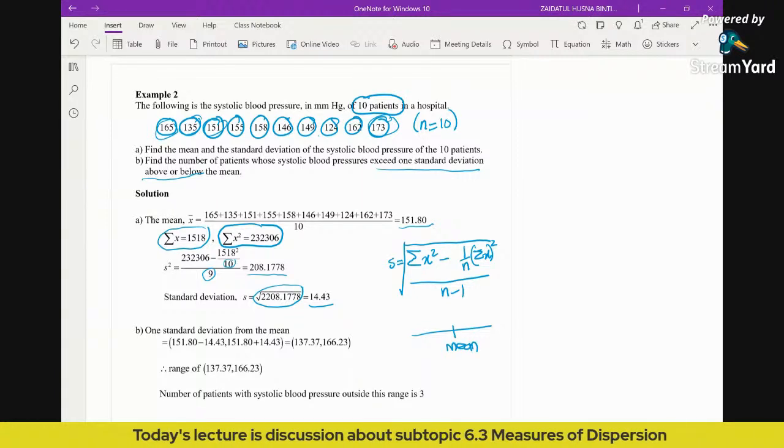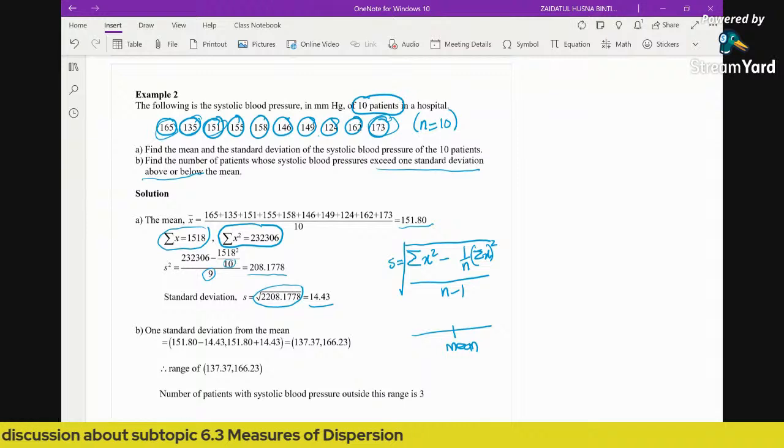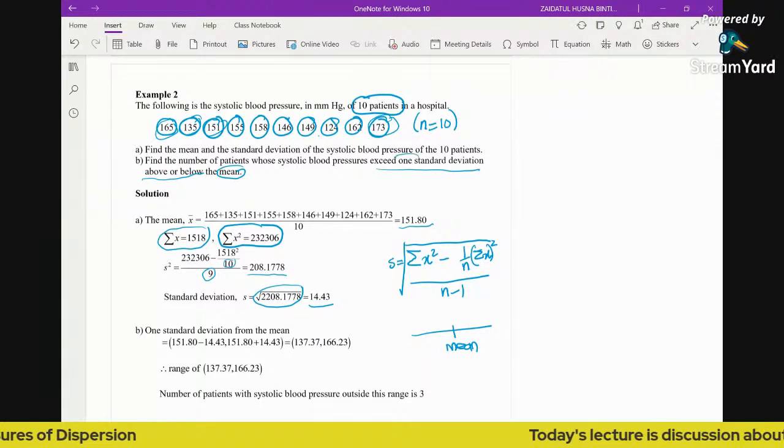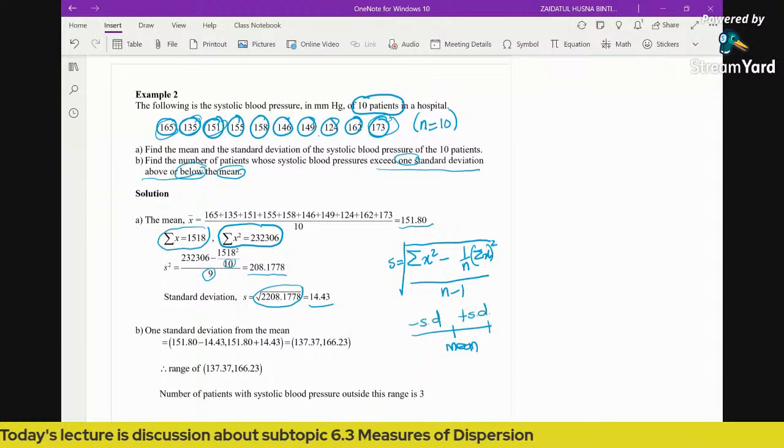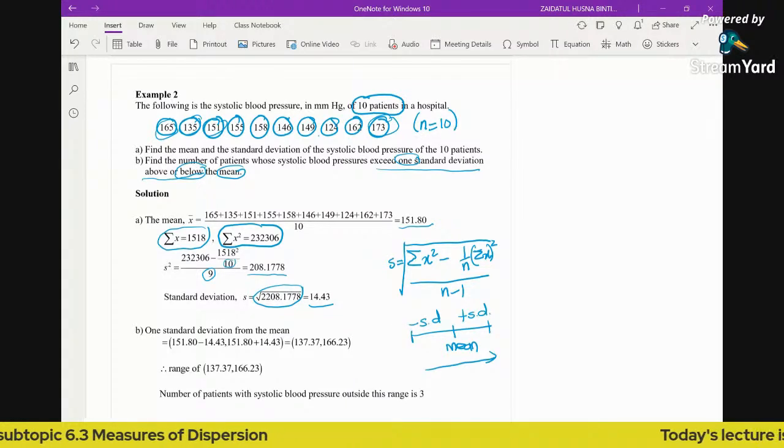We need to find the range where the reading of the blood pressure exceeds 1 standard deviation or below. So here we are going to add the standard deviation and subtract 1 standard deviation. So this is basically the range that we will have.